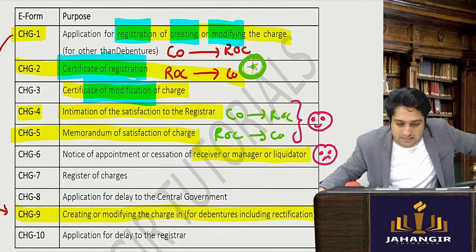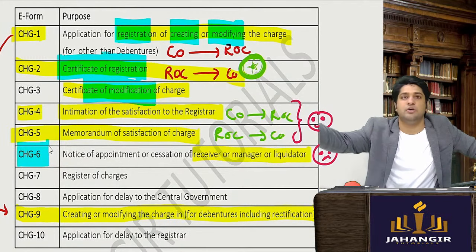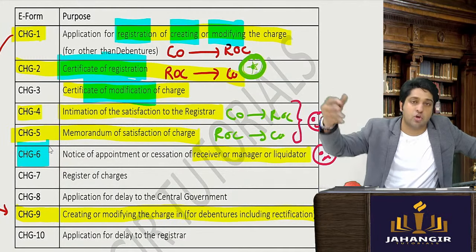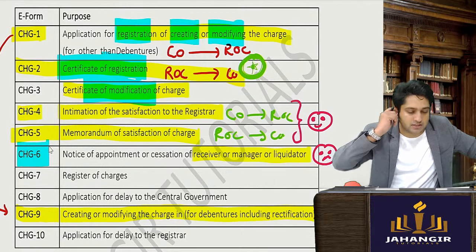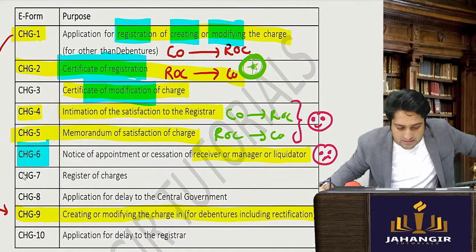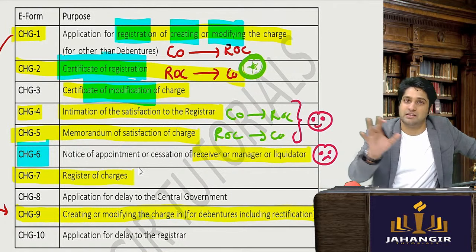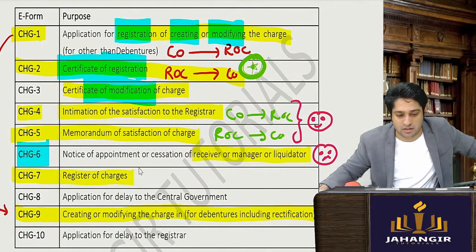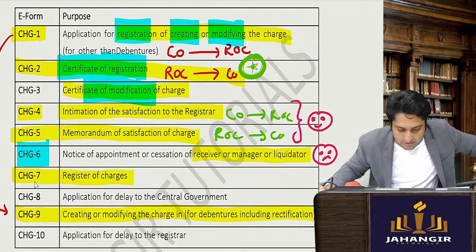So that will be in CHG 6. So it's a sequence: 1 you apply, 2 and 3 you get the certificates, 4 is satisfaction, 5 is the certificate for it, and 6 is a sad story. Now all of this, CHG 7 you have to maintain a register, CHG 9 you've done. Now talking about CHG 8 and 10.